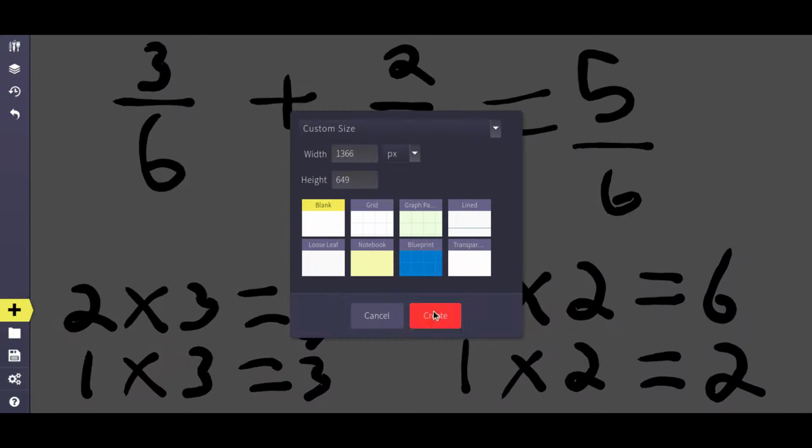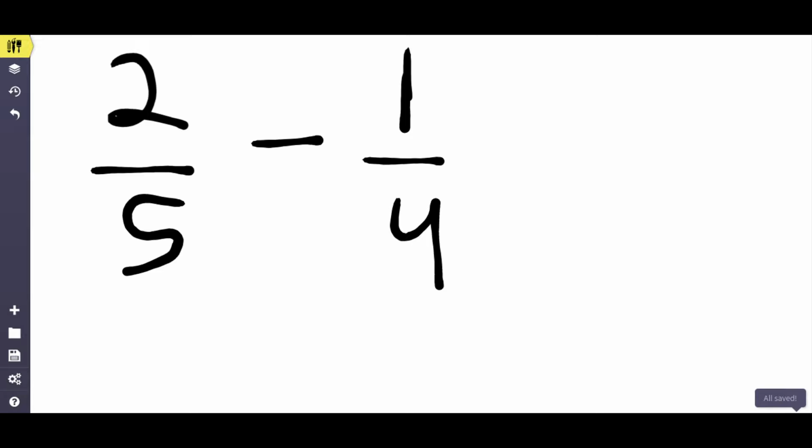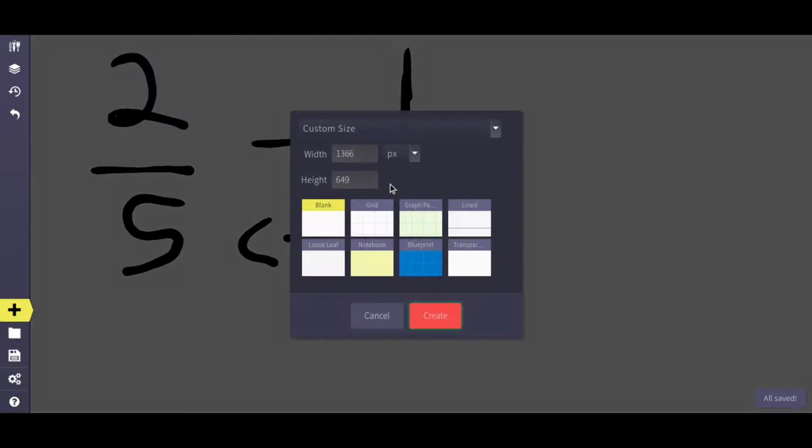Now let's get on to the subtracting part. Subtracting is very similar. So let's just say you had 2/5 subtract 1/4. Both of them are the lowest possible fraction. So what do you do here? Of course, you have to find a common denominator. So let's do that on a different one.